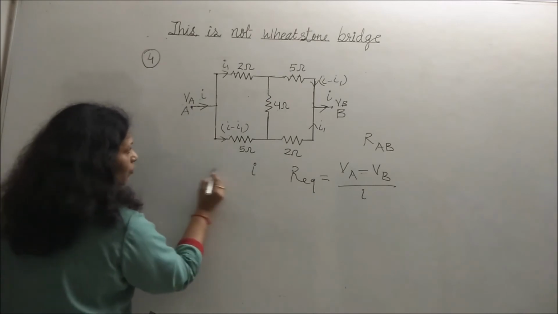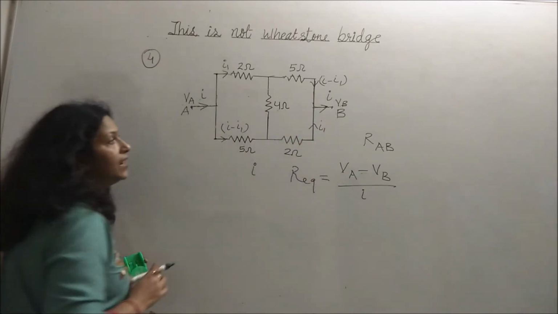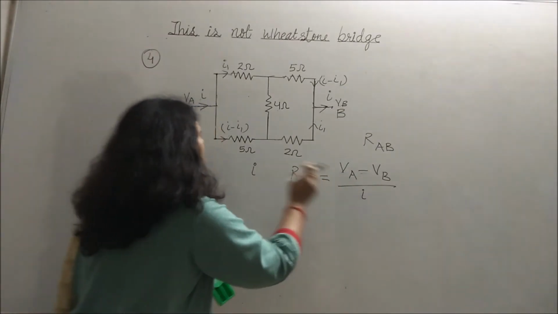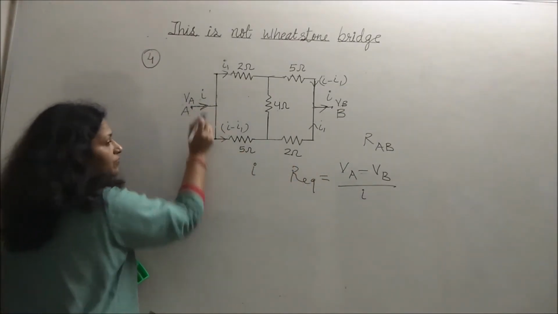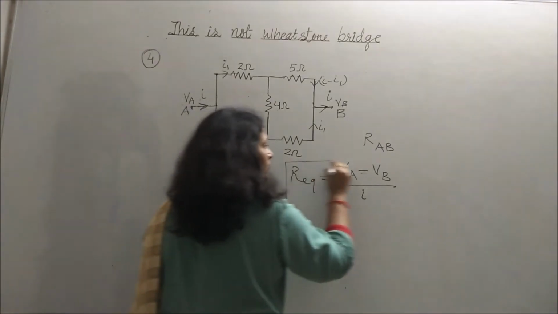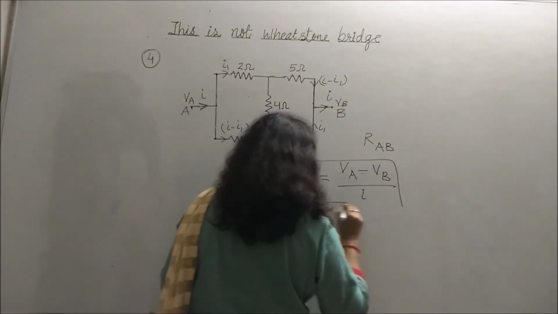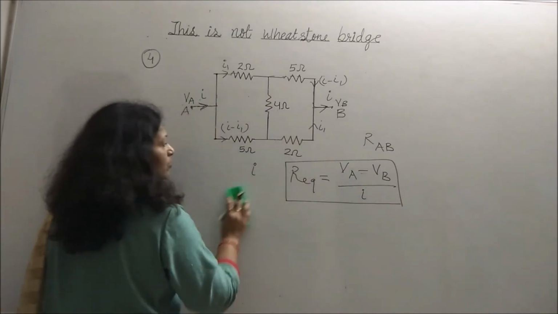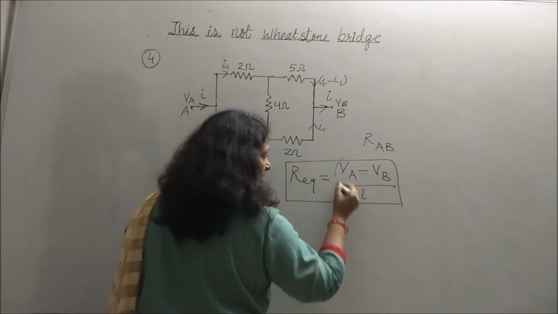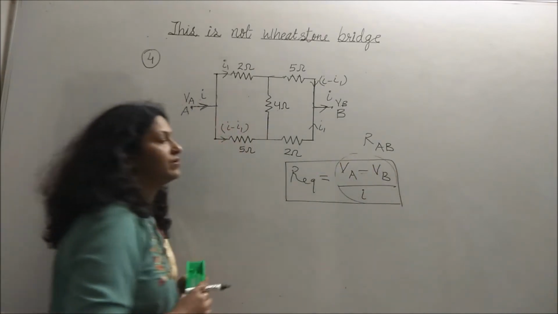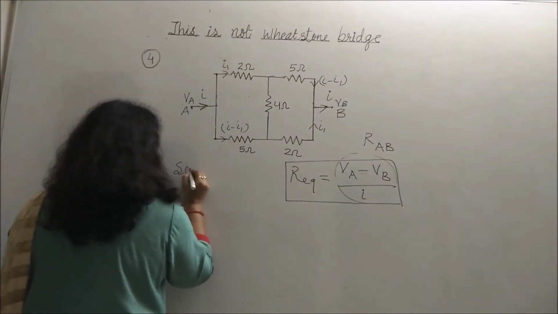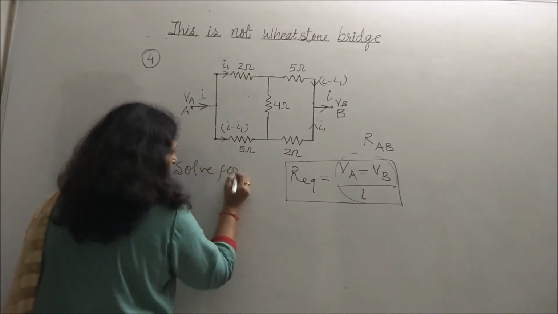The voltage applied at terminals A and B, that is VA minus VB, and the current flowing because of that applied voltage. So this is the formula of R equivalent. You have to solve for this formula. So our first necessity is to find the value of VA minus VB divided by I. That means we have to solve for I.